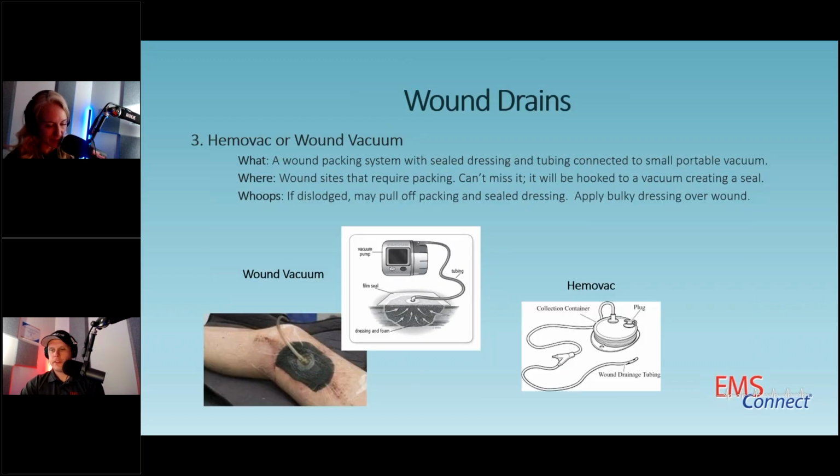And wound drains. This is something that's quite often seen, especially with nursing home patients. If you're transporting from nursing homes and they're getting chronic treatment for pretty severe wounds, they have a wound vacuum in place. It's this dark colored foam squished down into the large open wound.